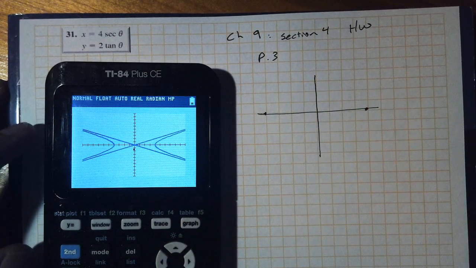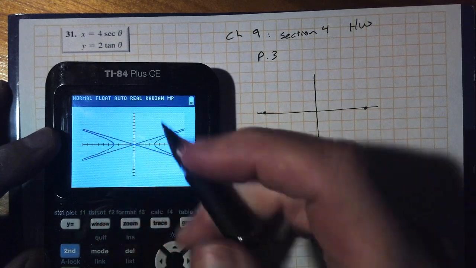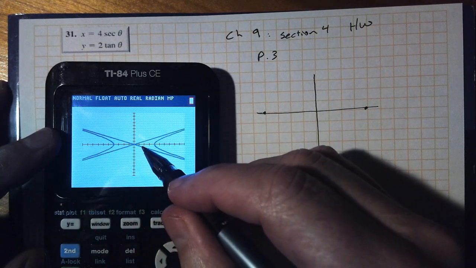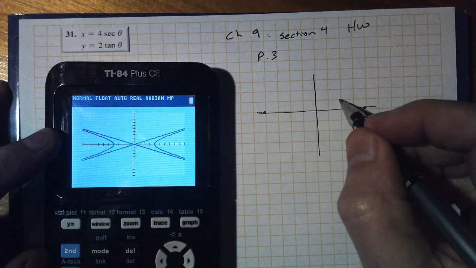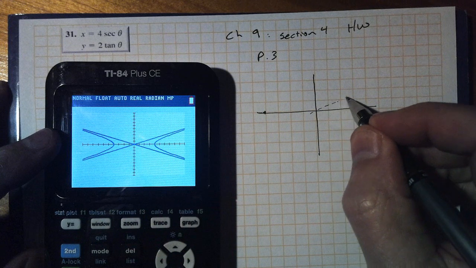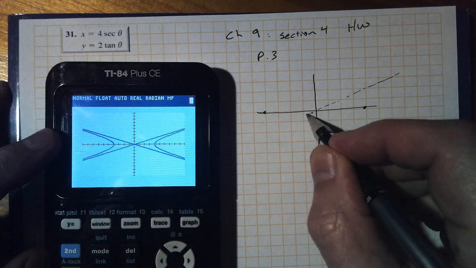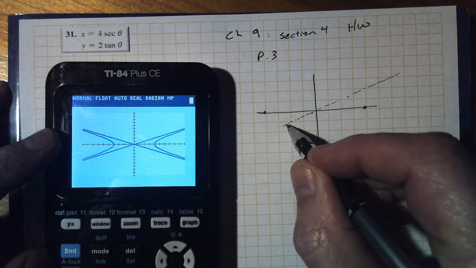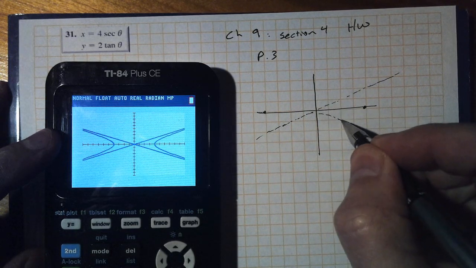And if I could sort of track here, turn off my calculator here, it looks like maybe by the time we go over 2, we're up in the neighborhood of 1. I'm just trying to get a reasonable curve here, but it looks like maybe that asymptote has slope 1/2, up 1 over 2.